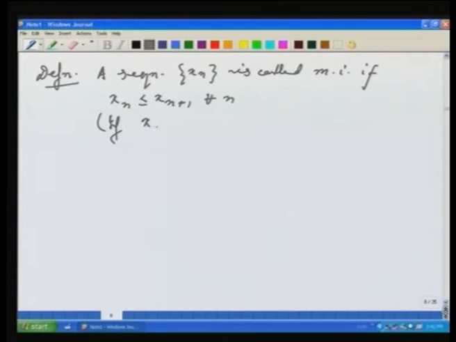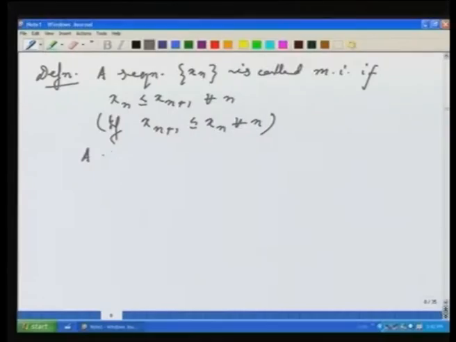That means, as you go towards infinity, your terms are slowly increasing one after the other. Similarly, the reverse of this is called monotone decreasing, that is, if x n plus 1 is less than or equal to x n for all n.